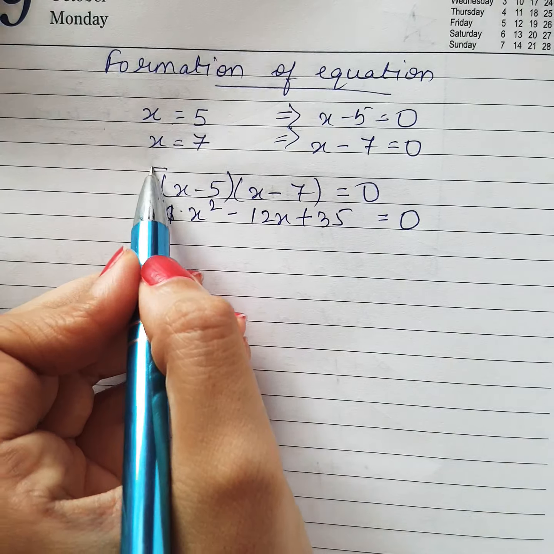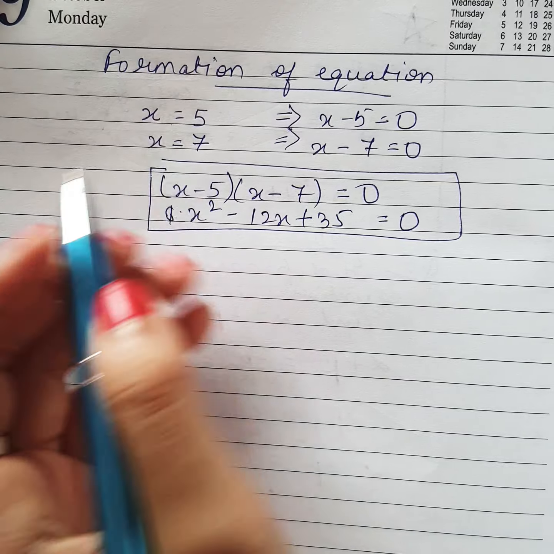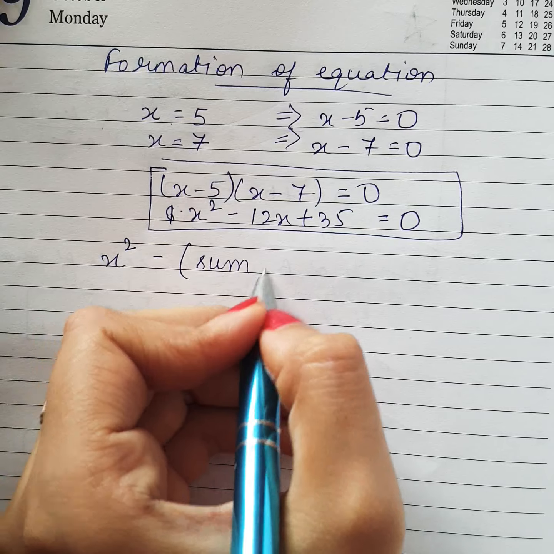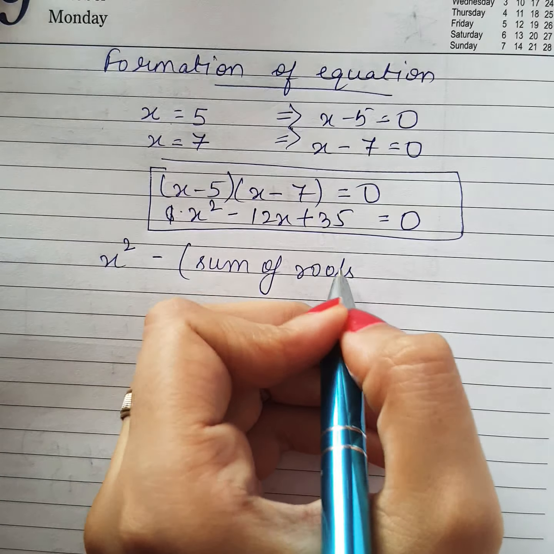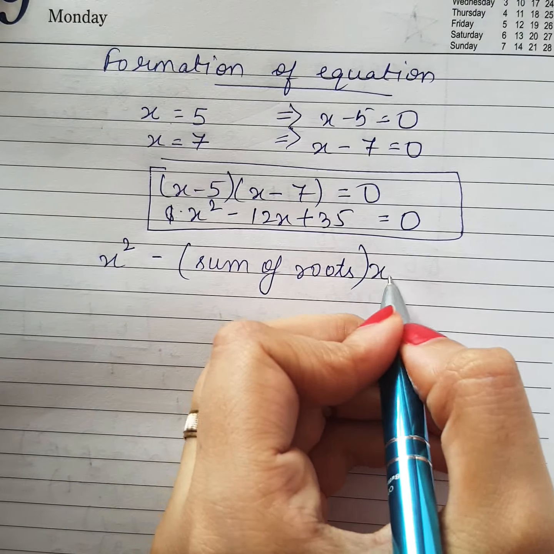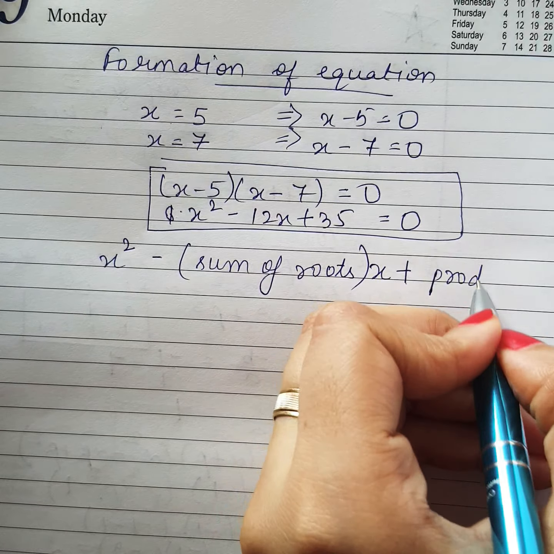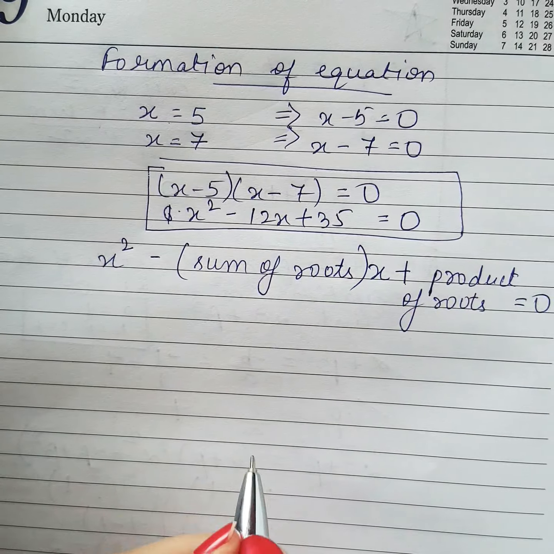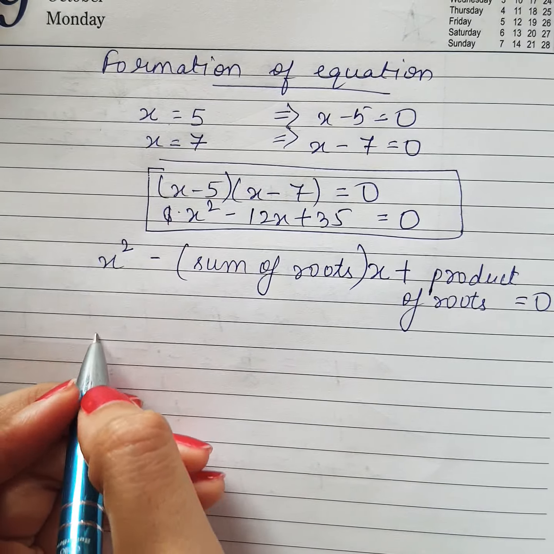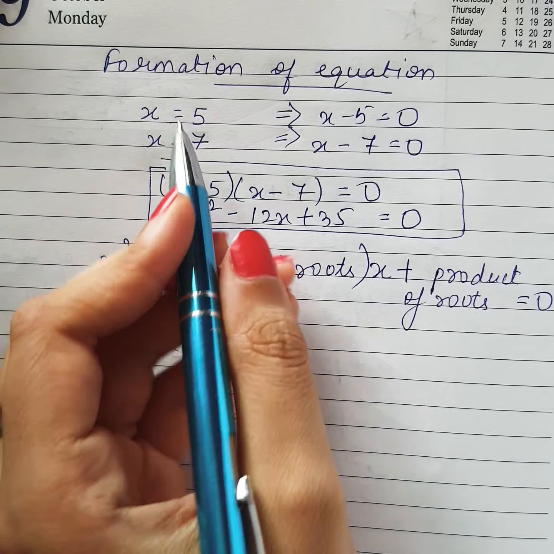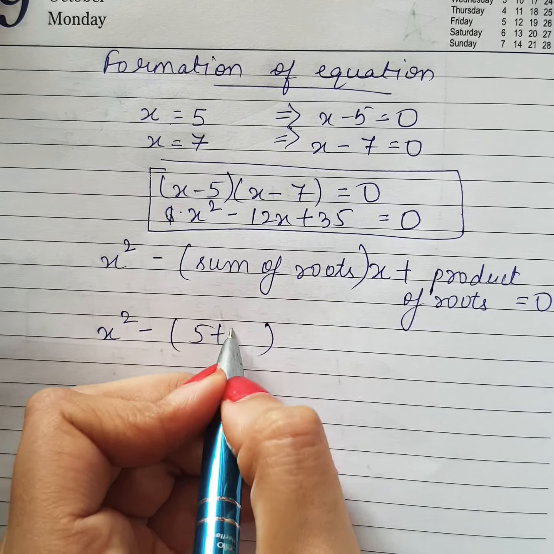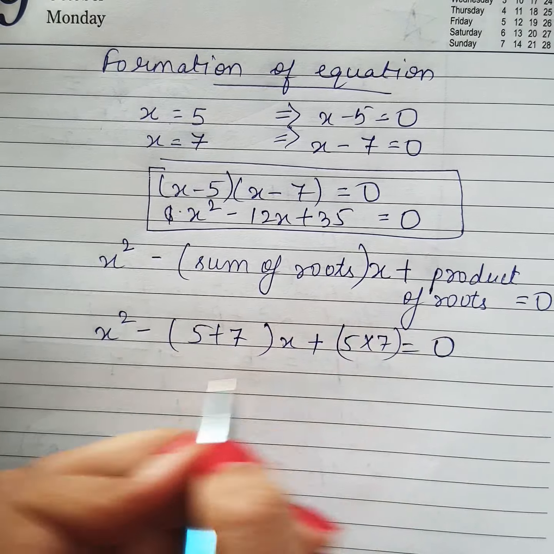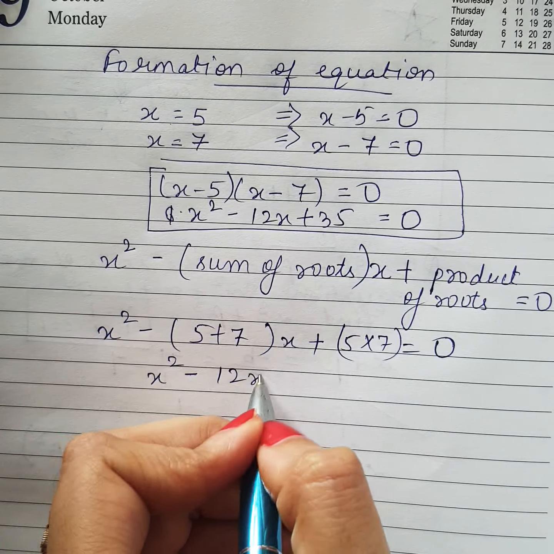Now here we have derived a proper formula for this, which is x square minus the sum of the roots, which is alpha plus beta, into x plus the product of the roots equals 0. So let's check in the same case. X square minus, the roots are 5 and 7, so 5 plus 7, and the product is 5 into 7, equals 0. So x square minus 12x plus 35.